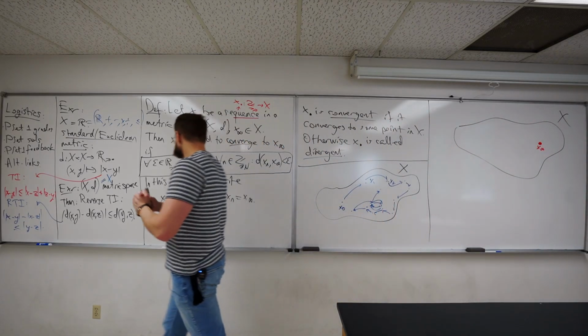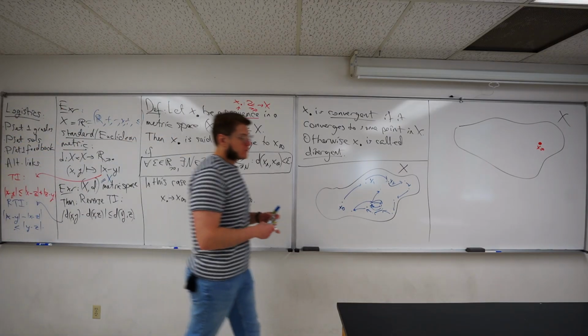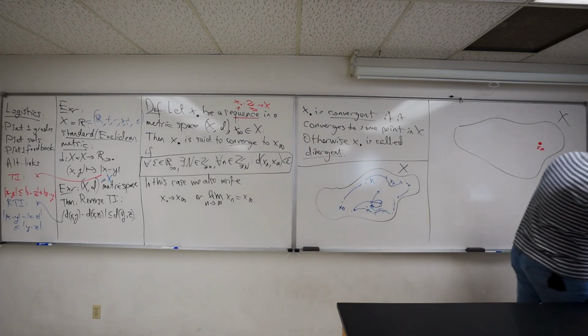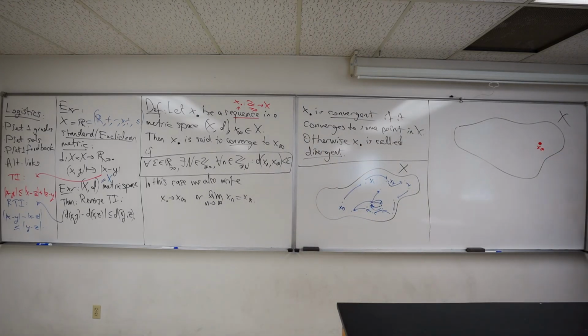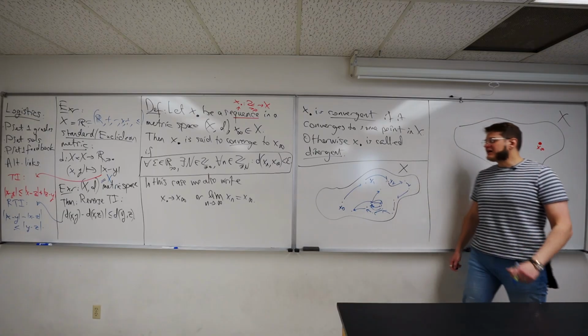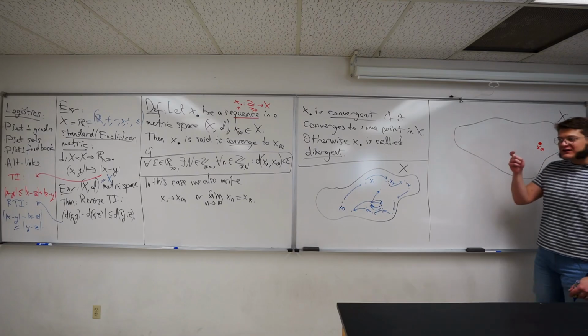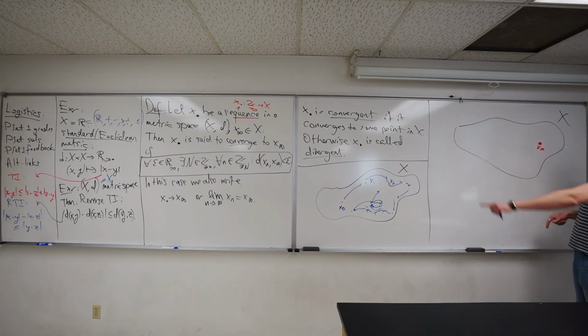It is a stationary state. X bullet moves, x infinity doesn't move in time. What would it mean for x bullet to stabilize at x infinity? It would be something like this. Initially, I don't know what this guy is doing. Maybe there's some fluctuations and stuff like that. What I want to say is that as time goes to infinity, my terms are going to be near x infinity.